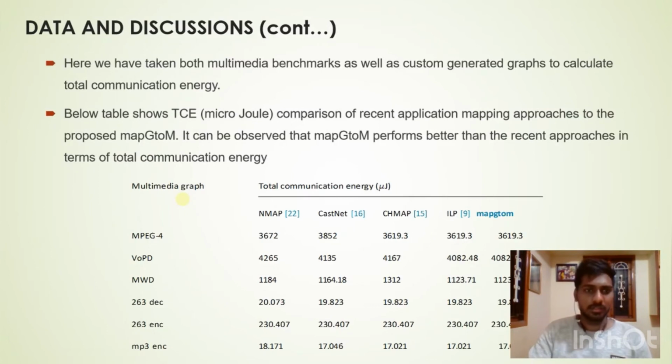Then we have some kinds of benchmarks they have given by running everything. What they are comparing, ILP and map G2M, are very close to each other, like they are similar. They are totally similar for every benchmark they are running, such as MP3 encoder, MPEG 4, VOPD, NWD, everything.